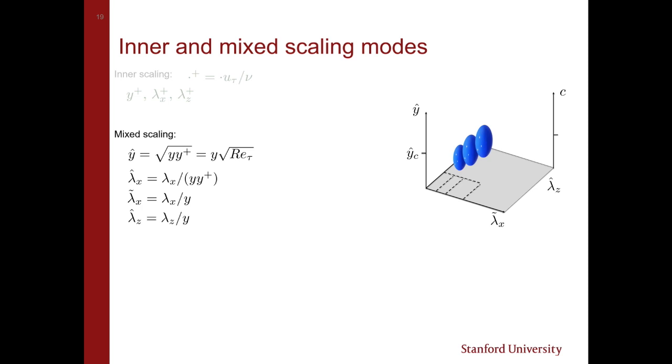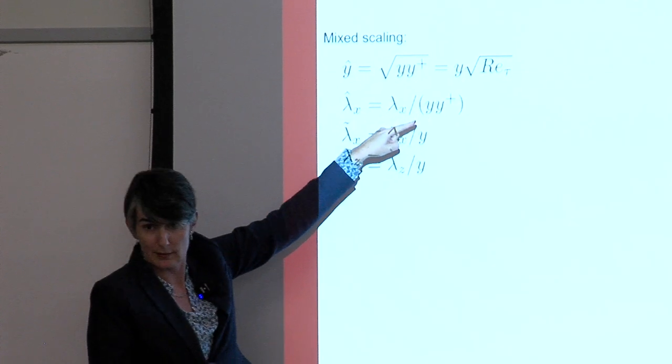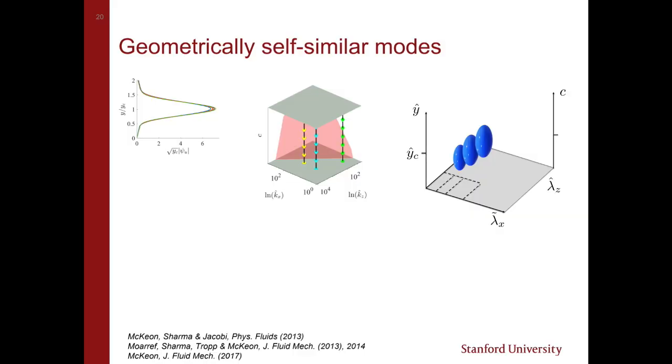So lambda z would scale with distance from the wall, but lambda x scales with y plus instead of y. If I obey this scaling, then from one of these blue modes I can tell you all of the ones in this family. It's a consequence of a logarithmic mean profile. There's a collapse of the modes just to show you that it's true.